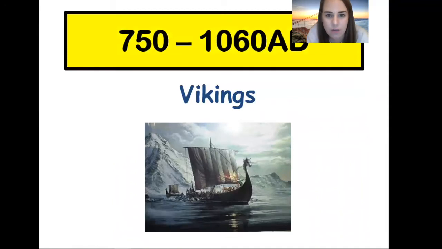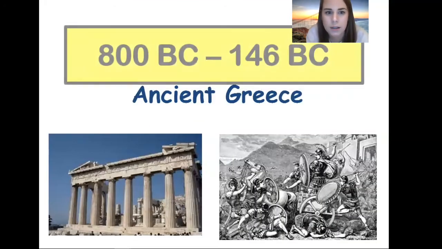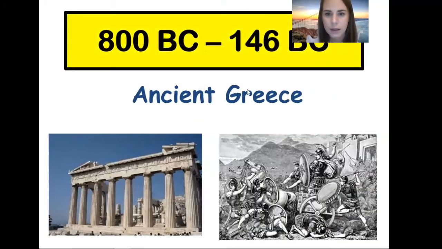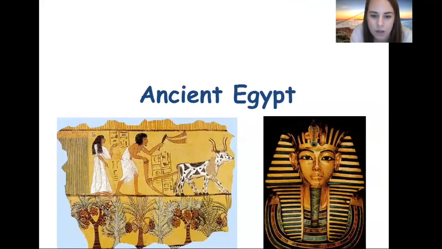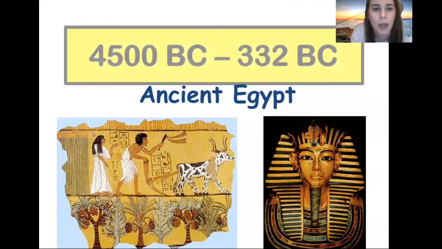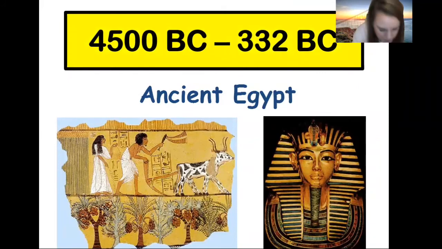Vikings, 750 to 1060 AD. Ancient Greece, 800 BC to 146 BC. Ancient Egypt, we hopefully have all got this one right, seeing as we did this one last term. 4500 BC.